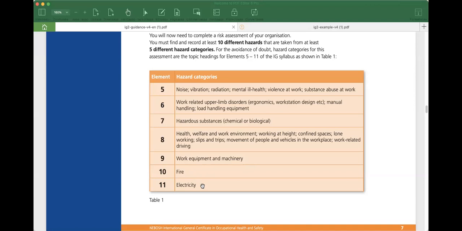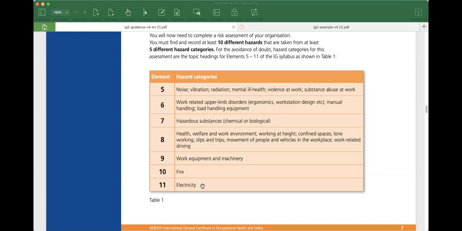So you can see that there are more than 5 different hazard categories. Is that clear to you?